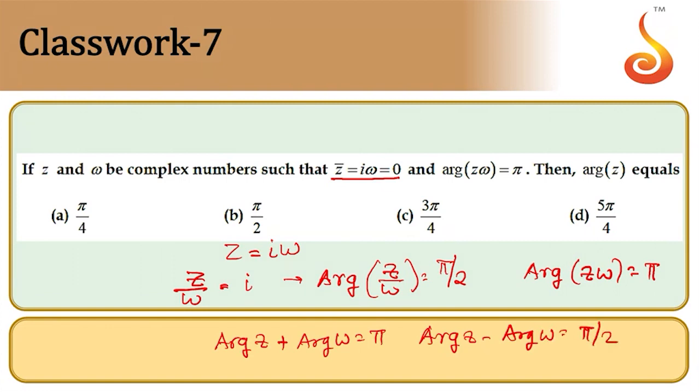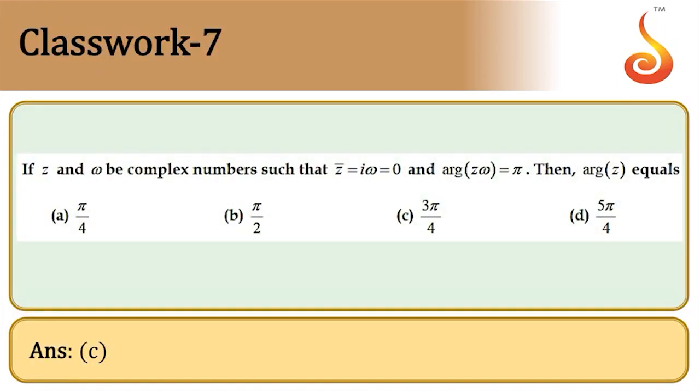If we add these two, we get 2 argument z is equal to 3 pi by 2, or argument z is equal to 3 pi by 4. Three pi by 4.